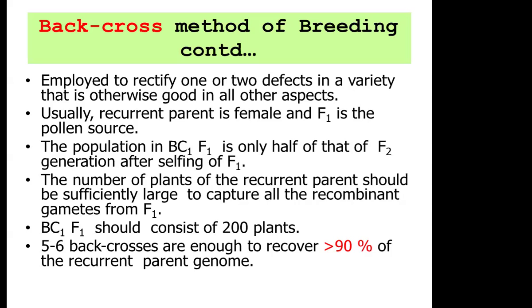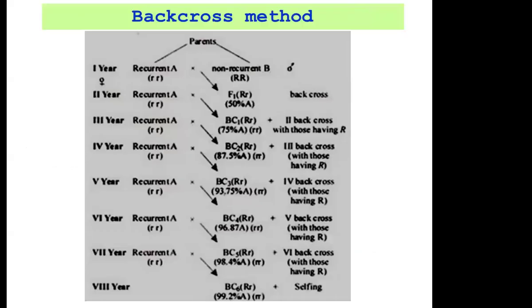If it is threatening the existence of the crop, that kind of problem only, we can go for this method. And here again, the number of plants of the recurrent parent should be large enough to have at least 200 plants of BC1F1. Next slide. Next slide, please. Next slide.